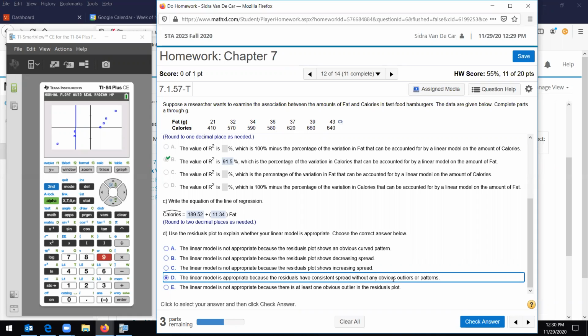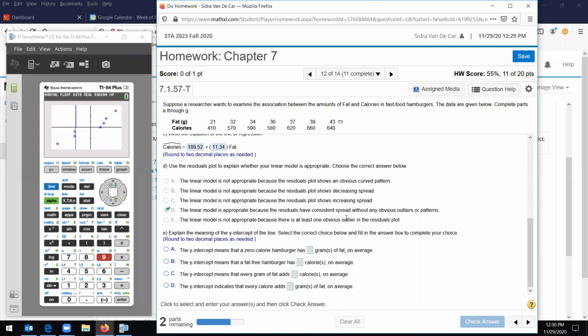Any outliers or patterns? Okay, there we go. Explain the meaning of the y-intercept of the line. That's the 189.52. So that's if we had no fat calories.